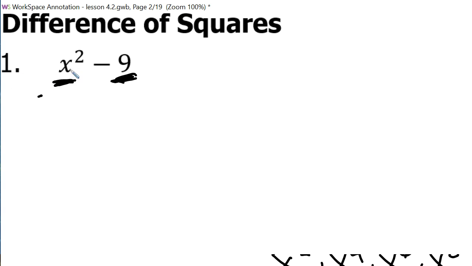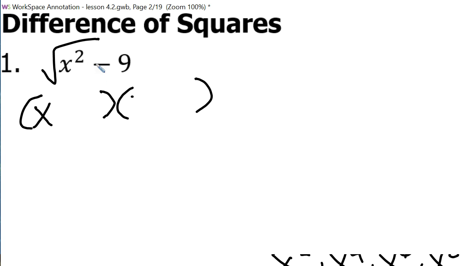So to factor this, our answers are going to be two binomials. So go ahead and put your two sets of parentheses. And to find out what goes inside the parentheses, we're going to square root both of these terms. So when you square root a variable, you just cut the exponent in half. So instead of x to the second, half of 2 would be 1.